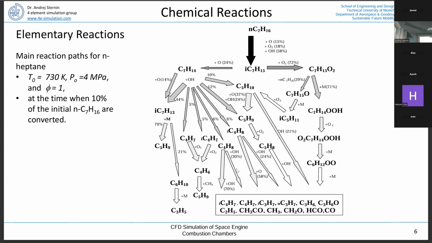So the main message is it makes sense to analyze in detail the elementary reactions because they may help us improve the combustion process in a way that we get favorable output.